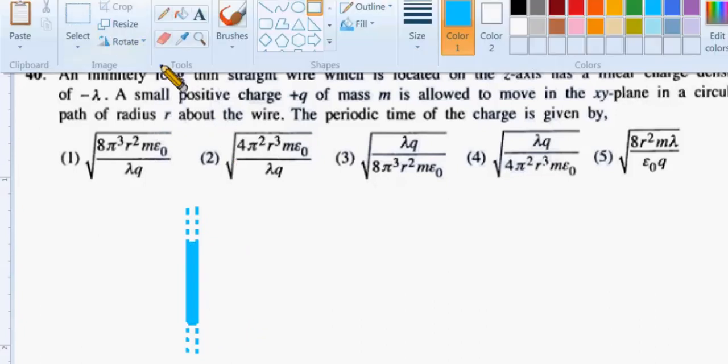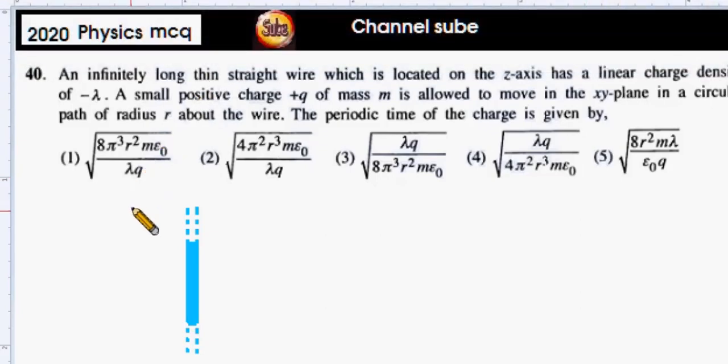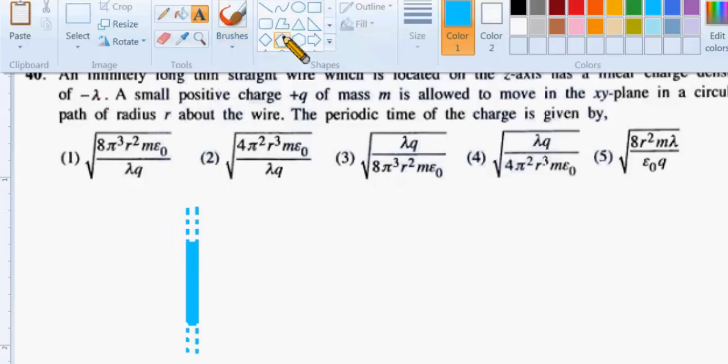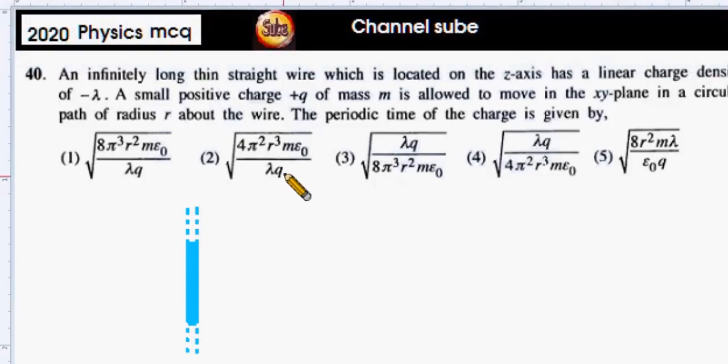So this wire is charged minus lambda. That means there are charged particles on the surface of this wire.